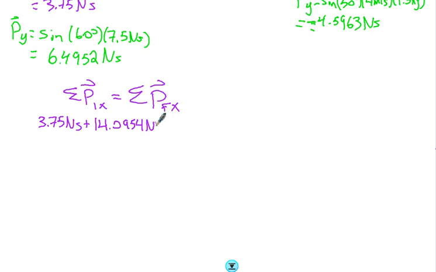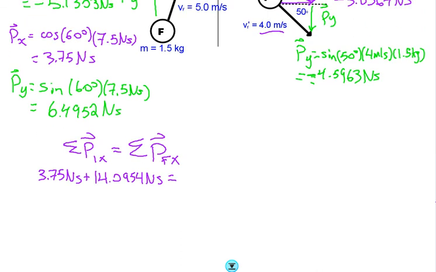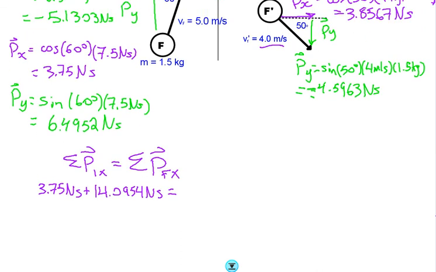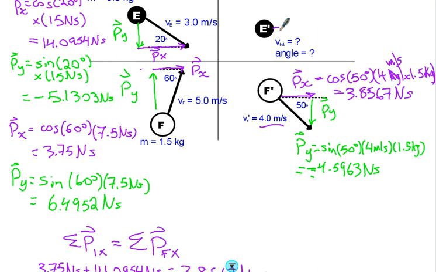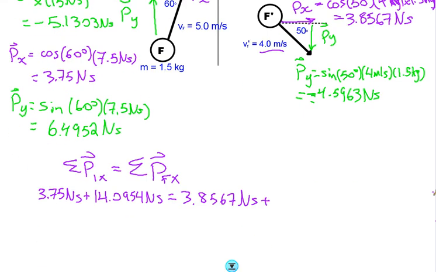And in the x direction over here, we had 3.8567 Newton seconds, and some momentum that we didn't know from E in the x direction. Some other momentum that we can solve for with this statement. So there's my x momentum that is unknown.